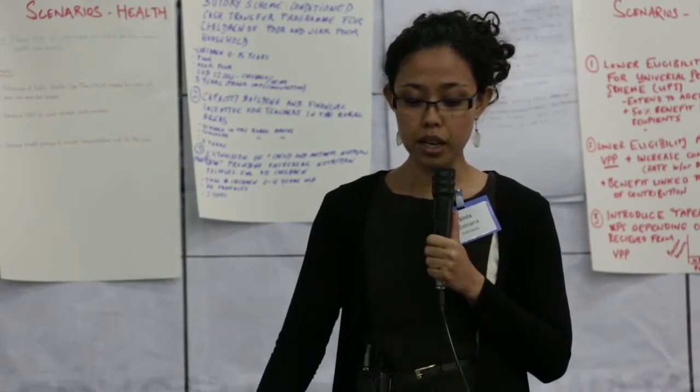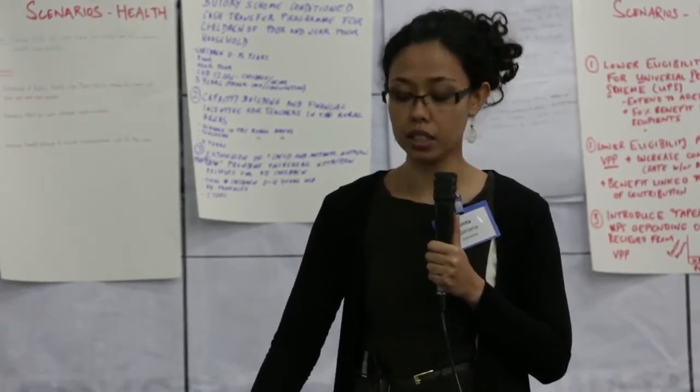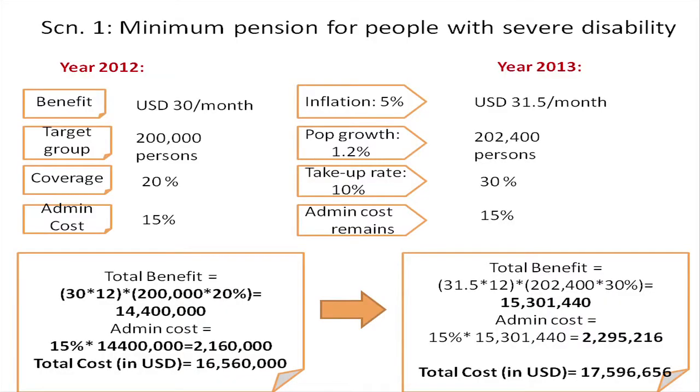Say we want to have a minimum pension for people with severe disability. Now we have a column and then for the following year. These are the information we have. We want the benefit to be 30 USD per month. We have an existing target group, as many as 200,000 persons.